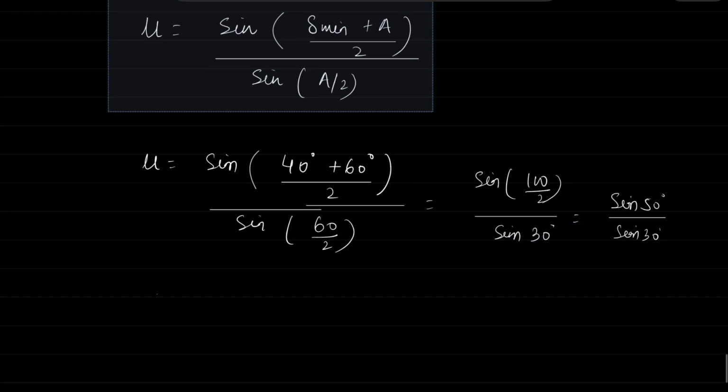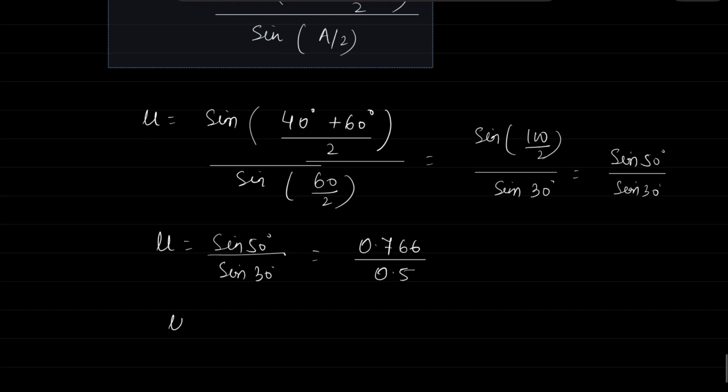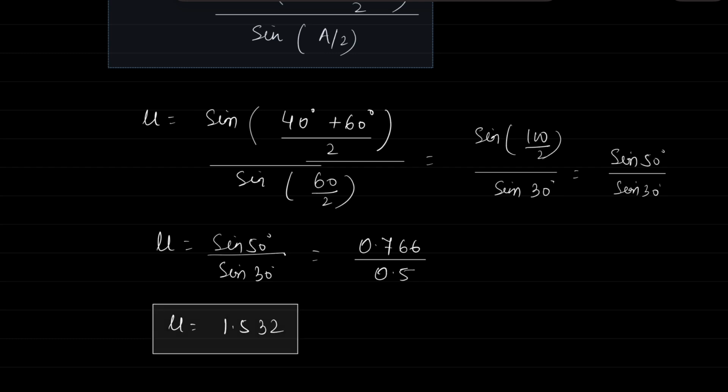So refractive index is equal to sine 50 degree divided by sine 30 degree. Let's substitute the values. Sine 50 value is 0.766. We can use a calculator to find it. Sine 30 is 0.5. So mu is equal to 1.532. So we got the refractive index of the medium.